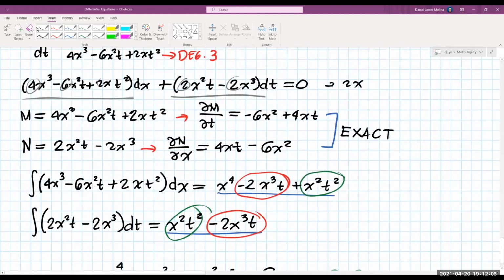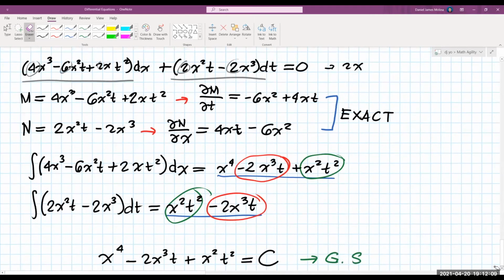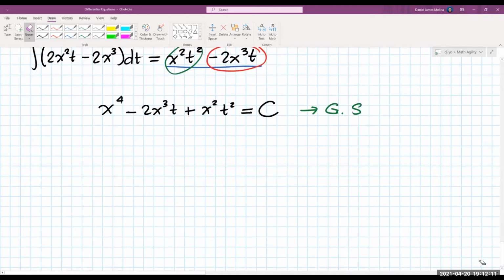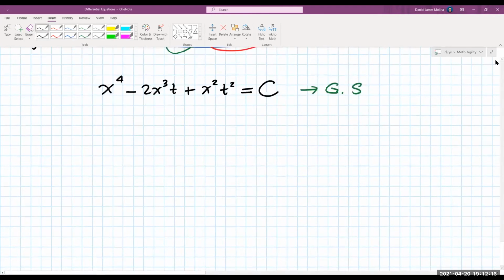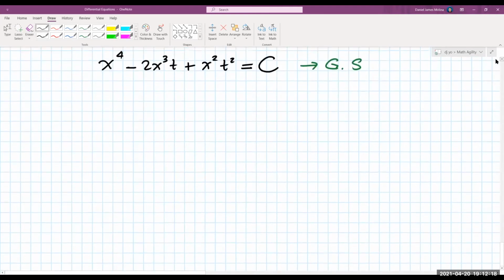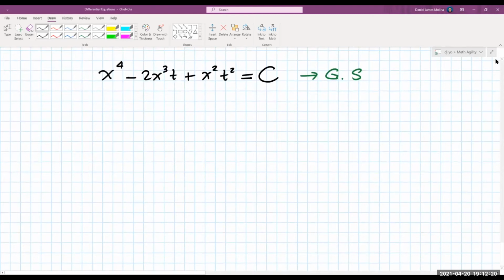So you can also cancel 2x there, but I think it will end up with an inexact differential equation. So you will end up multiplying it again by x, then proving that it's an exact differential equation. So this is our general solution, and I'll just write the initial condition.